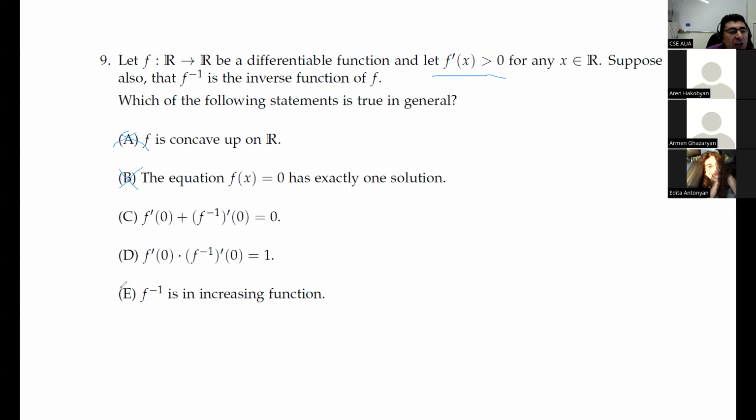C, D, and E are about derivative of inverse functions. What says the formula of derivative of inverse functions? It says that the derivative of inverse function at point y0 is 1 over f prime at x0.